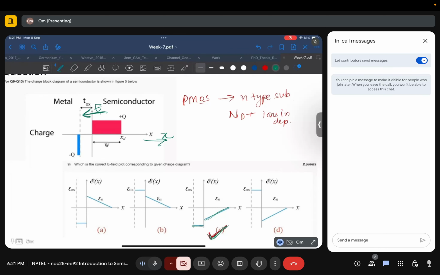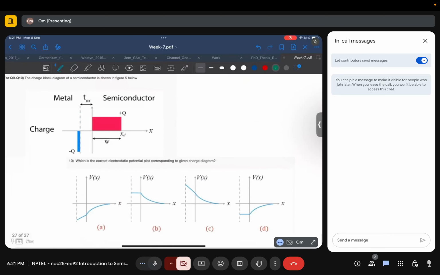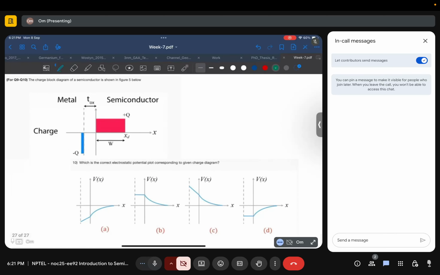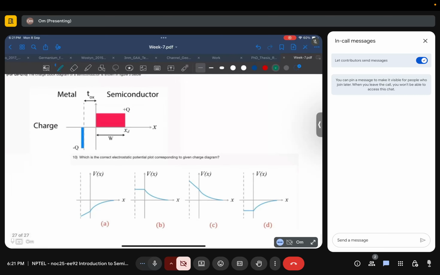All right, let's take the last question for today. For the same semiconductor charge block diagram, you have to find what is the corresponding electrostatic potential plot. Okay, so if you remember, your electric field plot was something like this. This is oxide.